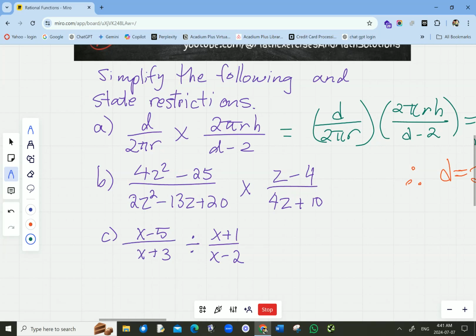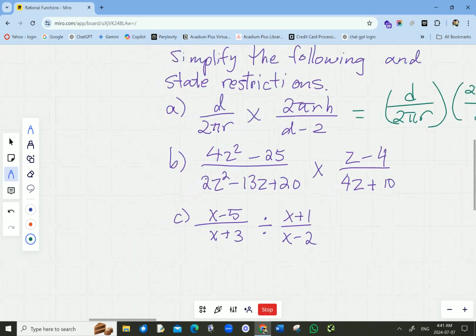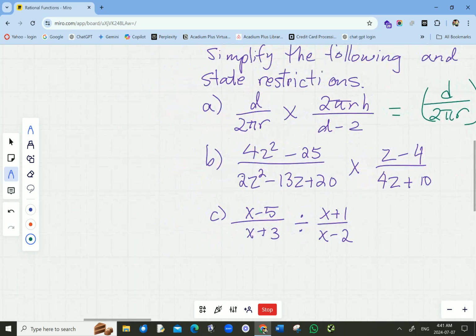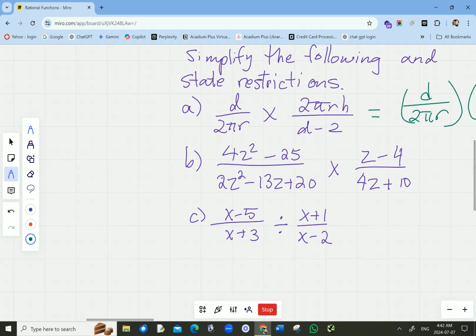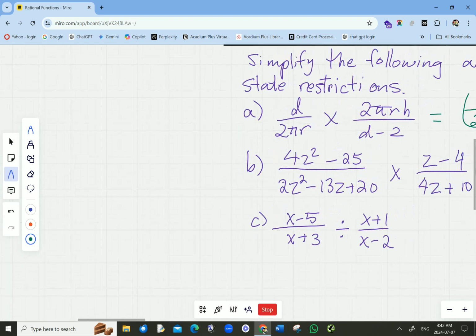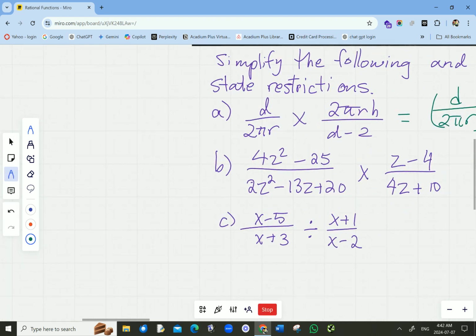All right, so now let's look at the second one. Let's look at B. All right, so we'll do that one to the left. 4z squared minus 25 over 2z squared minus 13z plus 20 times z minus 4 over 4z plus 10. All right, so let's quickly rewrite it.